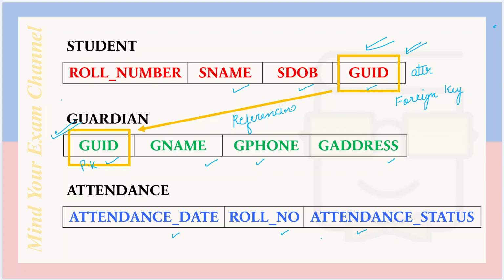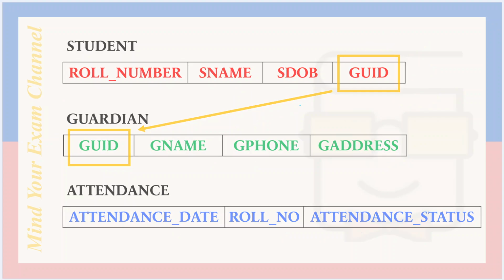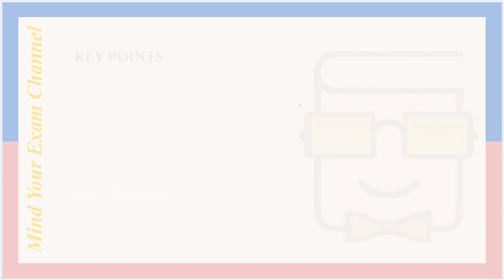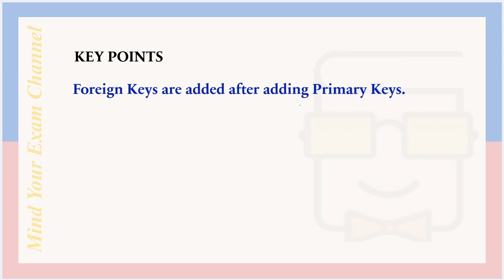There are certain key points that you must remember while making foreign keys. Firstly, a foreign key will be added only after the primary key of the referenced table has been created.